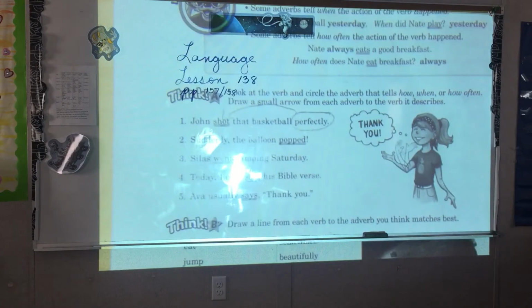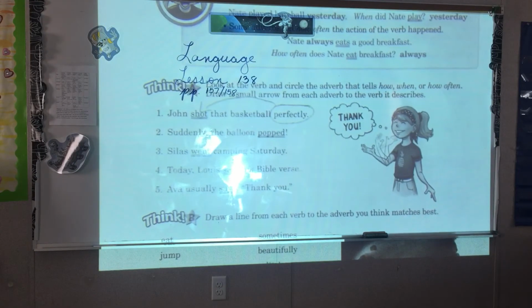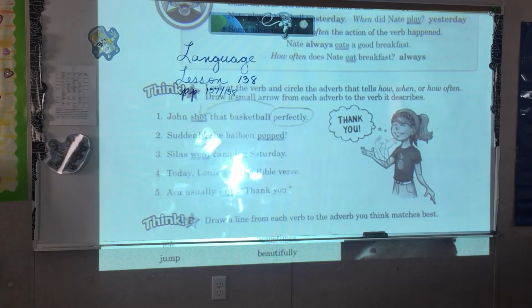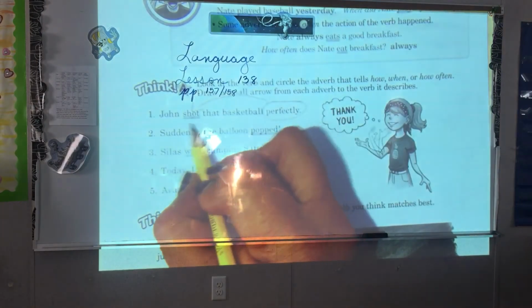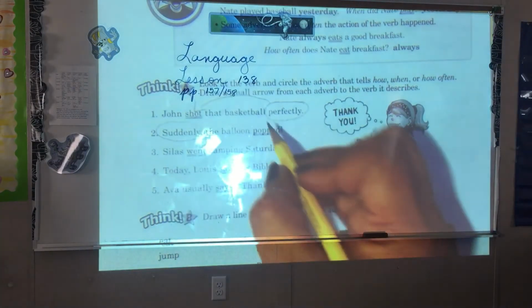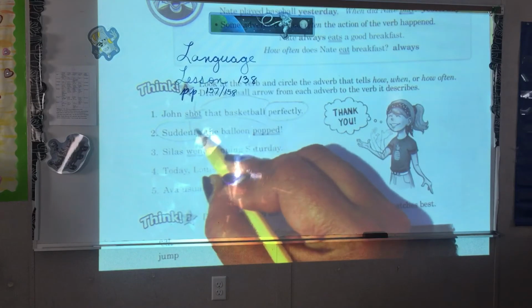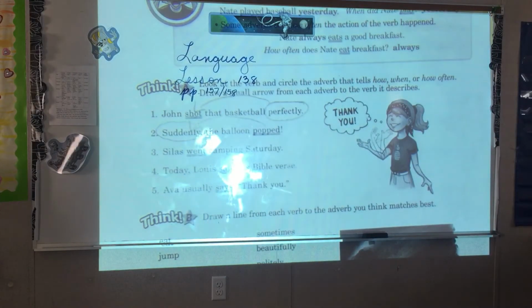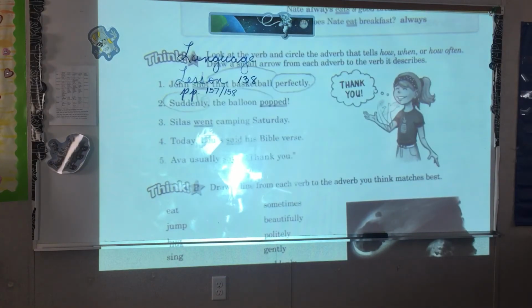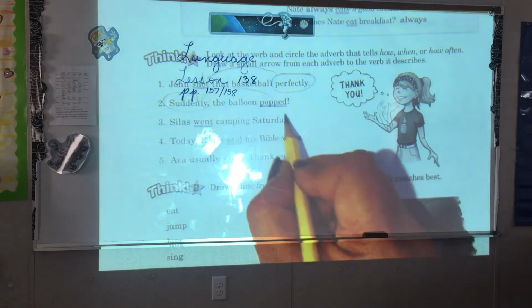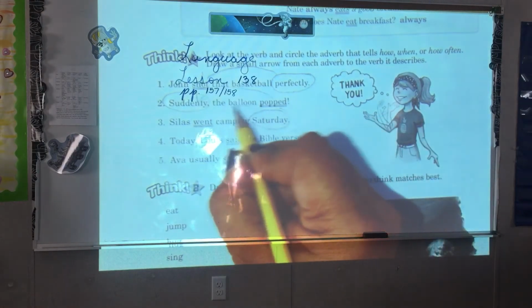The next one, suddenly the balloon popped. Suddenly is your adverb. And what popped suddenly? The balloon. Silas went camping Saturday. When did he go camping? Saturday.